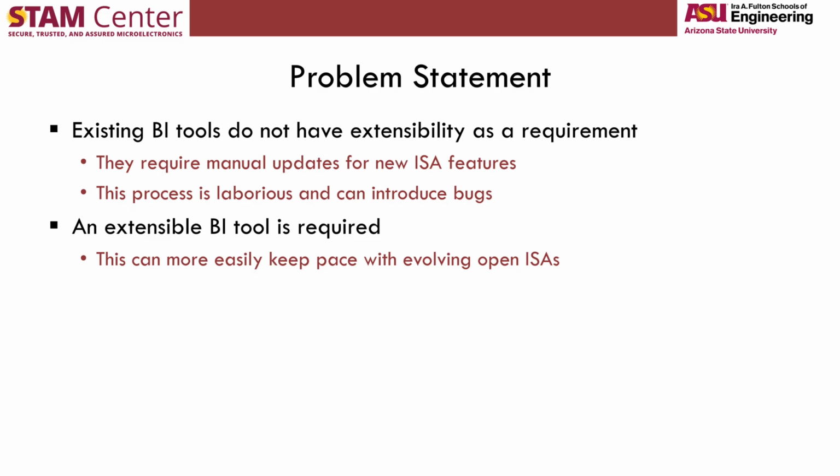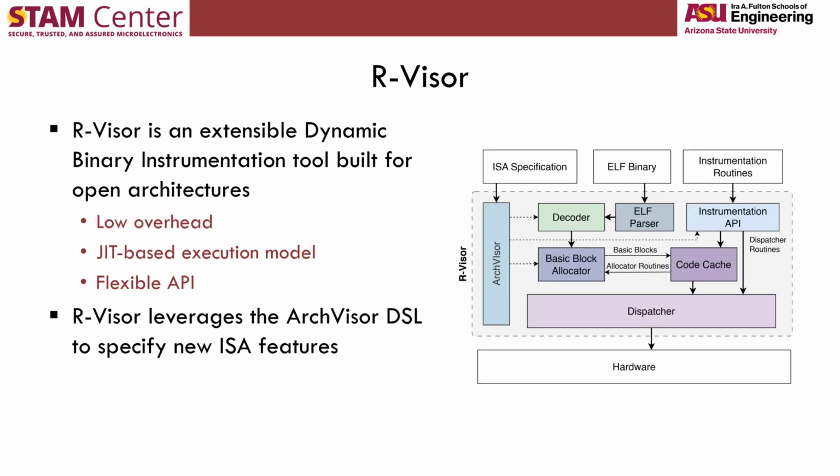So to solve this, what we need is an extensible binary instrumentation tool. And if done correctly, it will enable the tool to more easily be able to keep pace with these evolving open ISAs. To solve this problem, we present R-Visor. And R-Visor is an extensible dynamic binary instrumentation tool which we have built to solve the extensibility needs for open architectures.